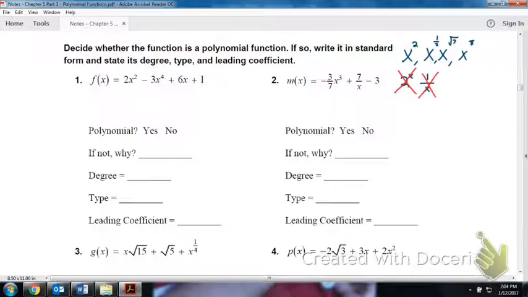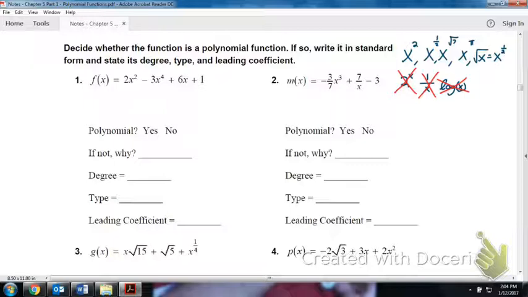If you have x in a logarithm, which we'll talk about later on this year, that is not a polynomial. X can be under a radical, because, as we'll talk about later, a radical is nothing more than a fractional exponent. All right? So, bottom line is this. It has to be x to the power of an actual number.